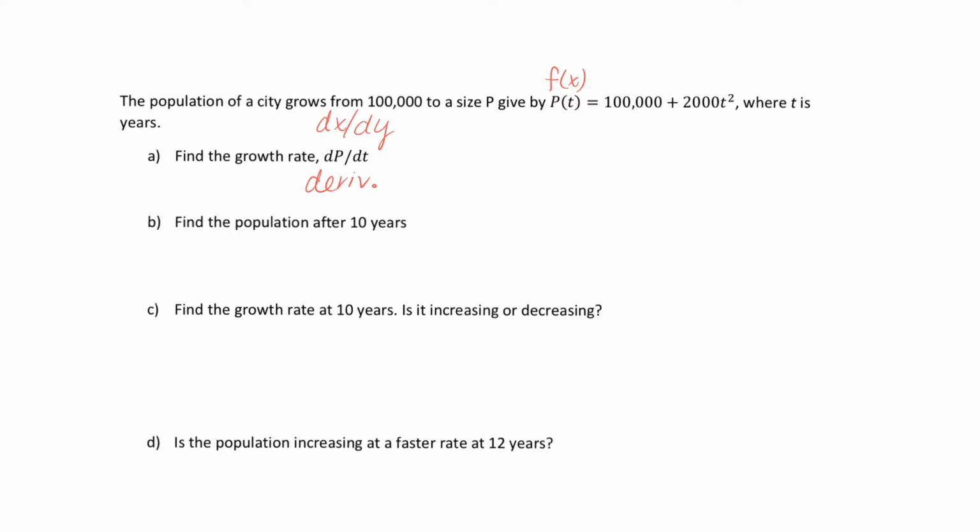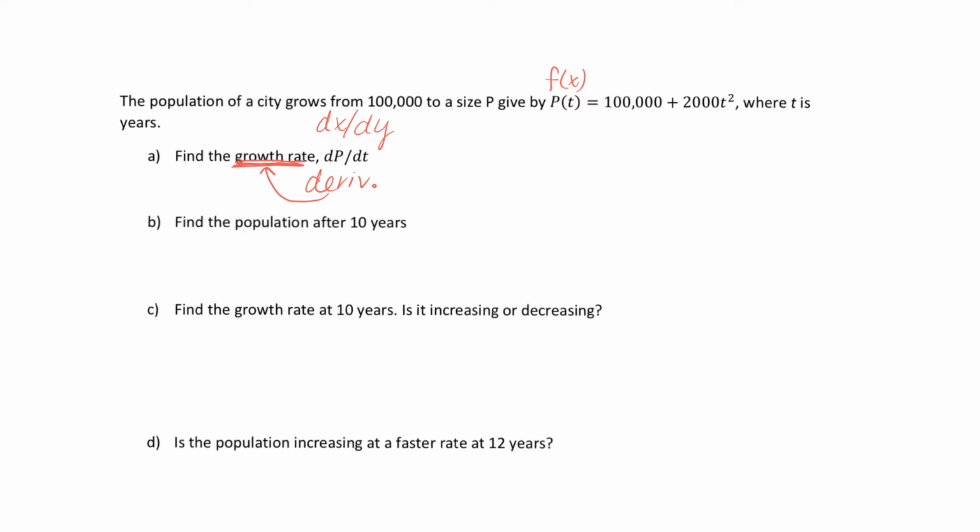And it's telling us that the derivative is the growth rate. So it's not the actual number of people that live in the city, it's how many that grew by. So that's great if you have 120,000 people, but did you grow by 10,000? Did you decline by 3,000?